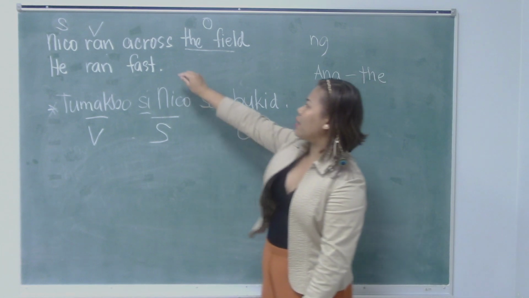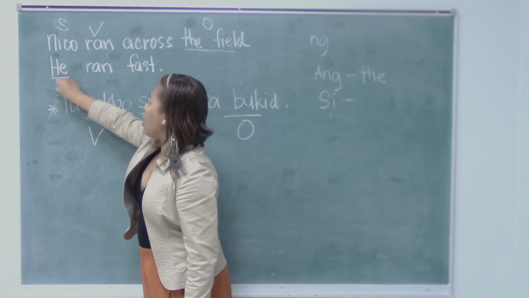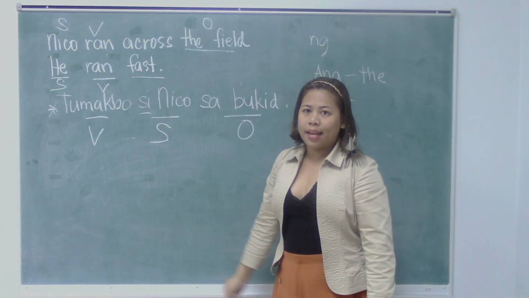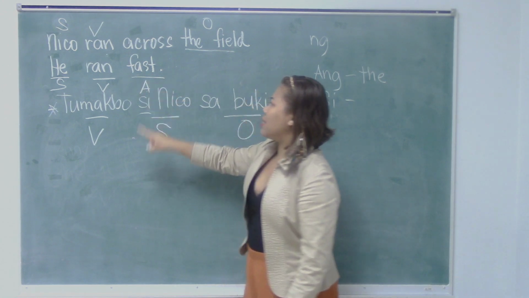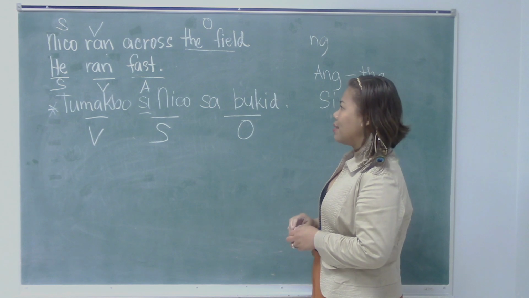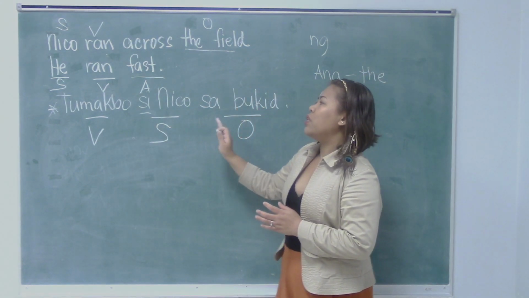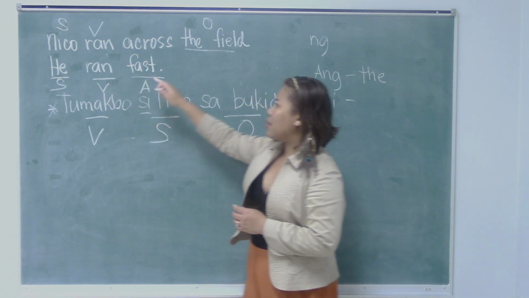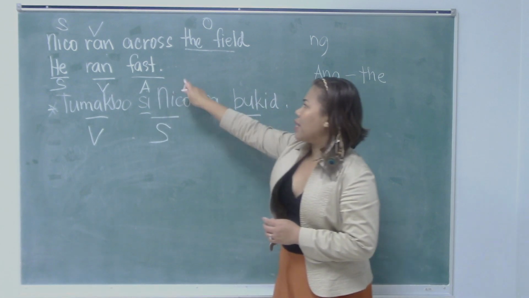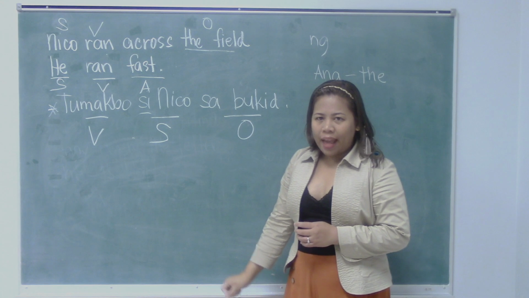Alright, so for the second sentence, this is an SVA. So he is our subject, ran is our verb, fast is an adjective. So see, it's in SVA. Now, how are we going to translate an SVA sentence? Unlike SVO, we do not start with the subject anymore, but because it's an SVA, we are going to start with the adjective.